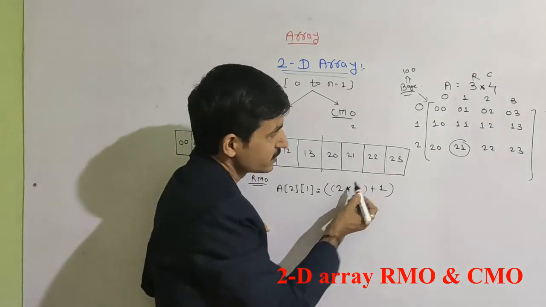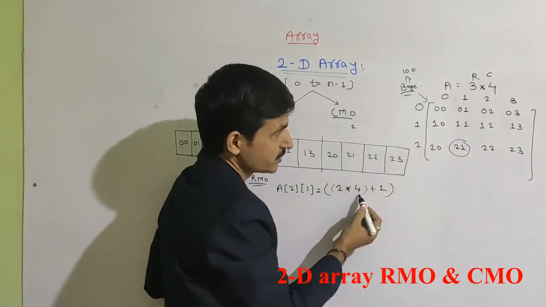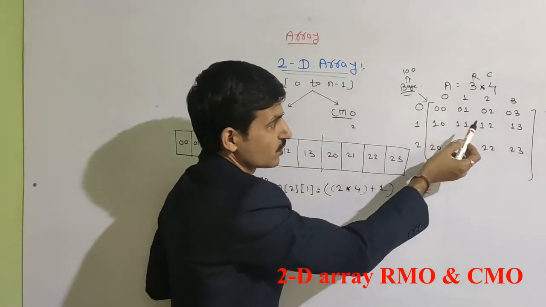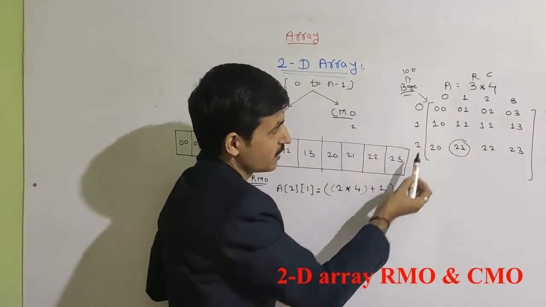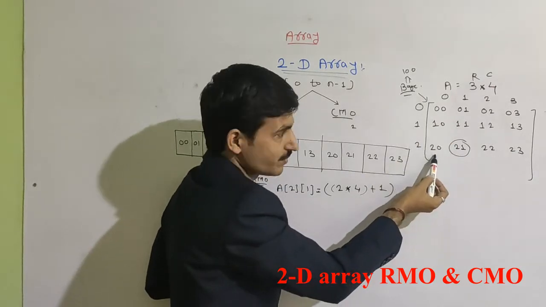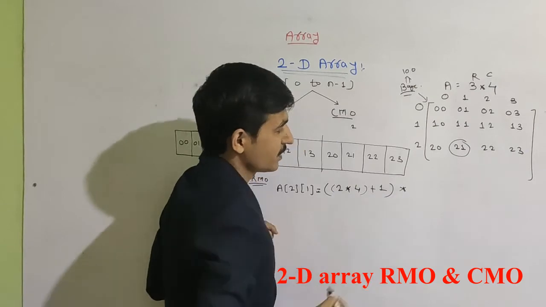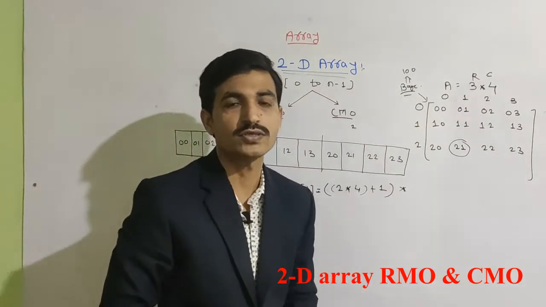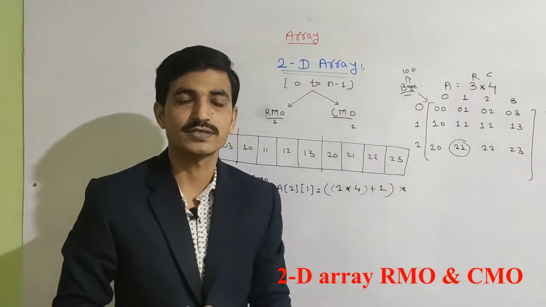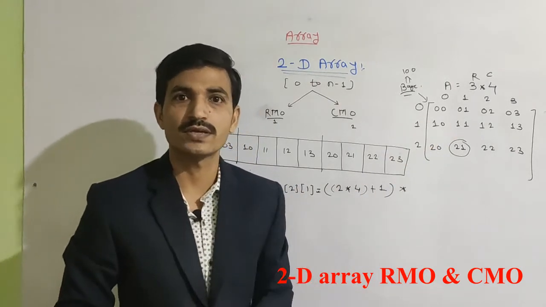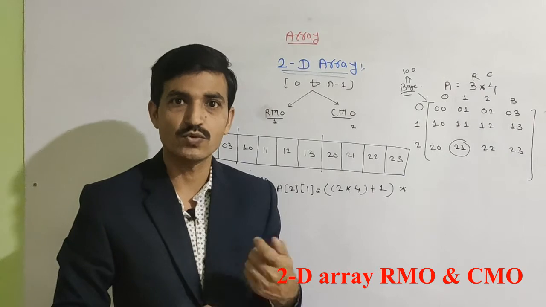So 2 means the number of rows, and 4 is the number of elements in each row. So 2 into 4 plus 1 element from this column before visiting this element. Multiply by the size of each element, because the size is the data type size. How much size is required to store this particular element? If it is an integer, 2 bytes are required.